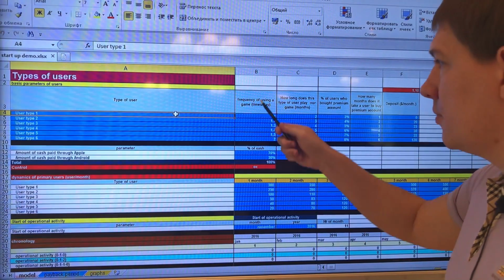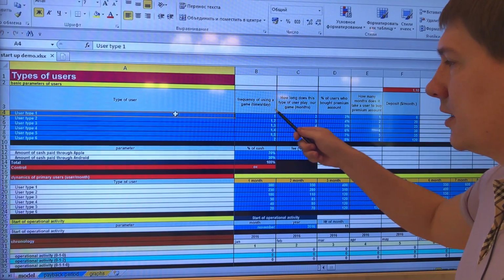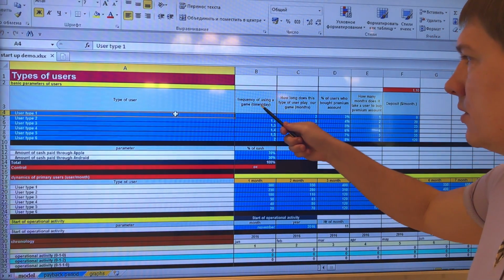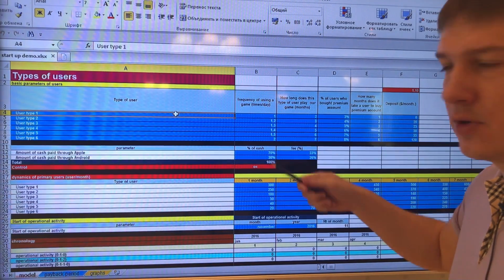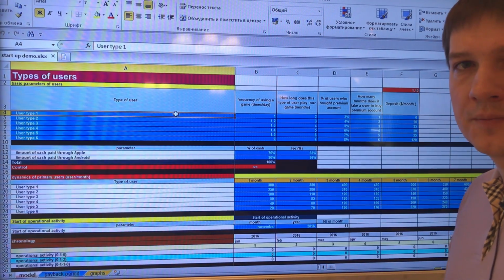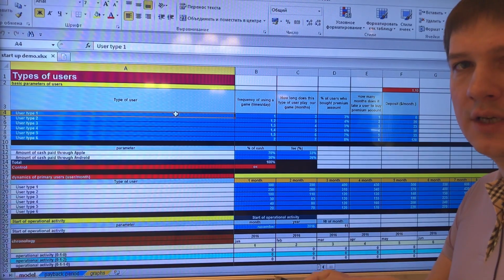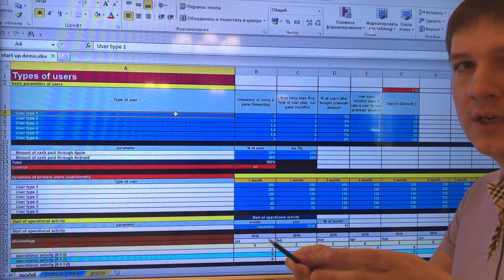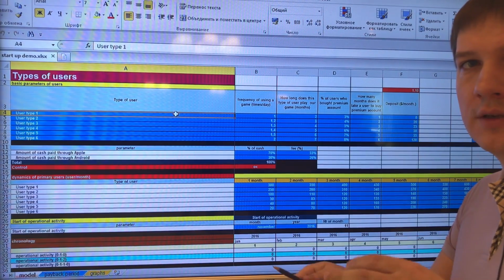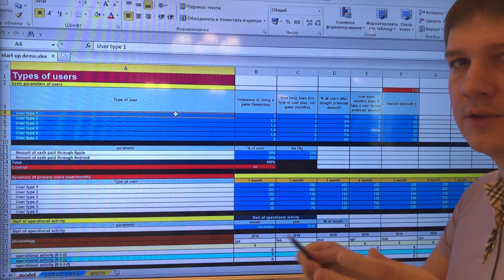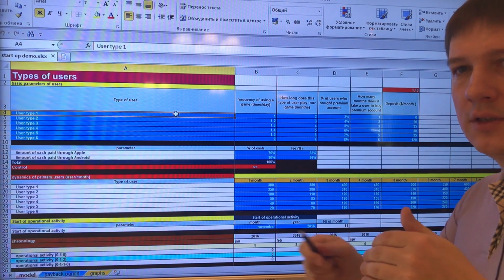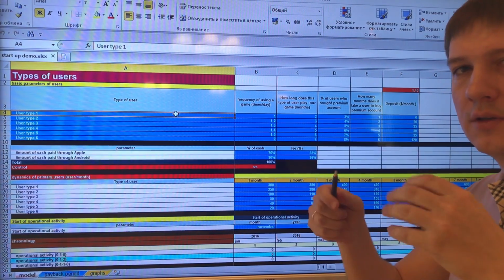Another parameter that is vital when we describe each type of user is the frequency of using our game. For example, one person can play once a day, another twice a day, someone once a week. It is very important because timing is vital.